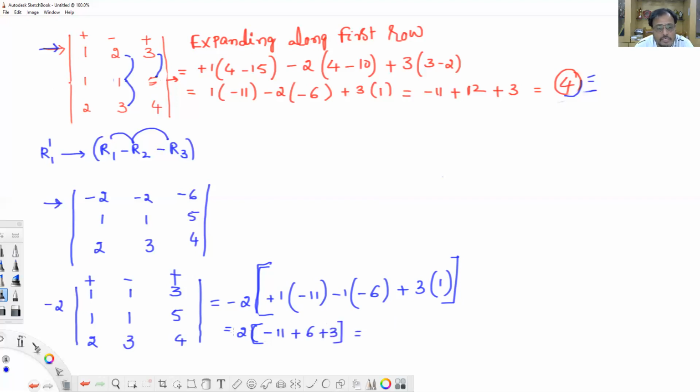So minus 2 into 6 plus 3, that is equal to minus 2, therefore the answer is 4. See that? The value of the determinant is the same.